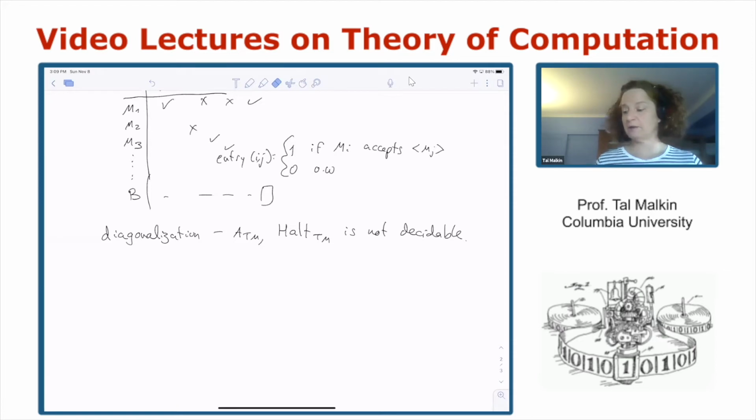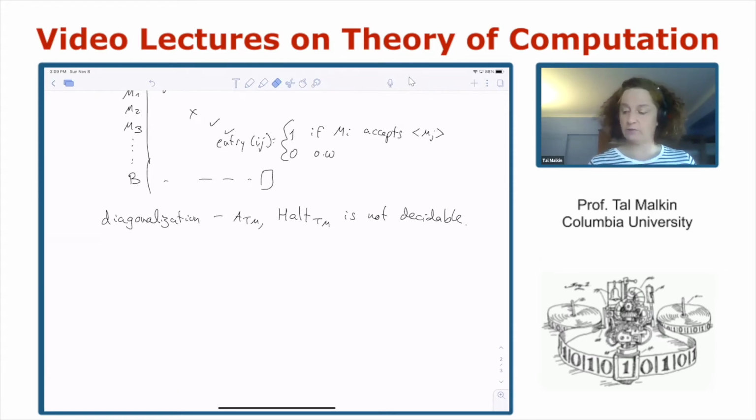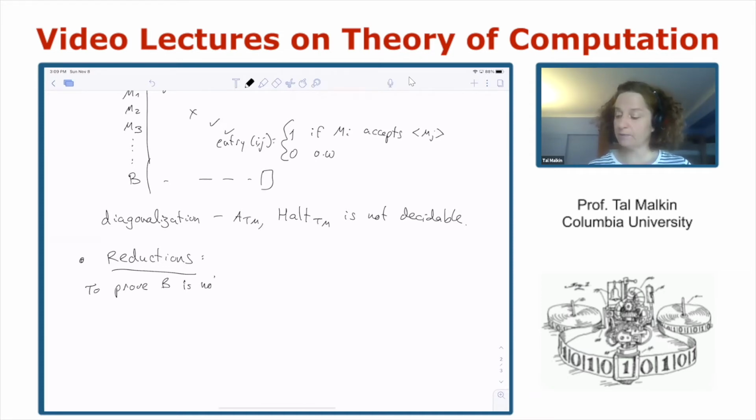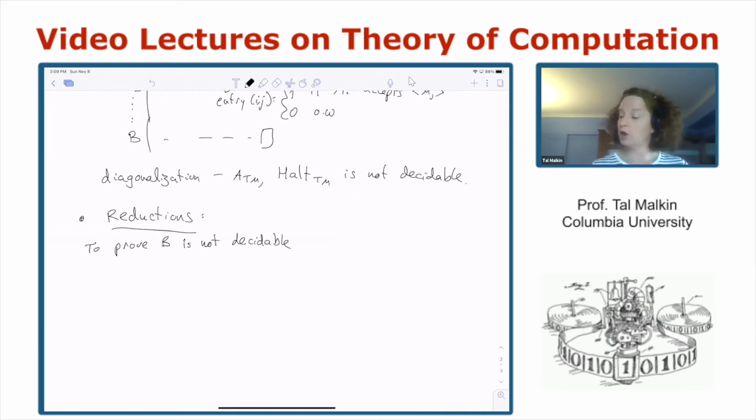And the key concept that will allow us to prove additional languages are not decidable is using reductions. Okay, so informally speaking, to prove some language B is not decidable, once you already have some languages that you know are not decidable, you can use them in order to prove additional languages are not decidable. You could do the following.